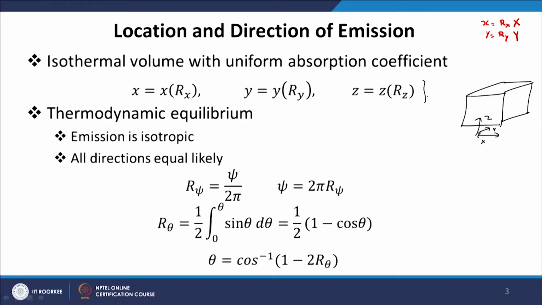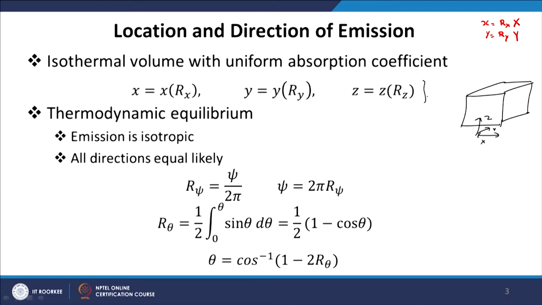So, under that assumption we can find the point of emission as simply x is equal to X times Rx, y is equal to Y times Ry, z is equal to Z times Rz. If we do not assume that, then it will be a complicated function of Rx and we will have to invert it.